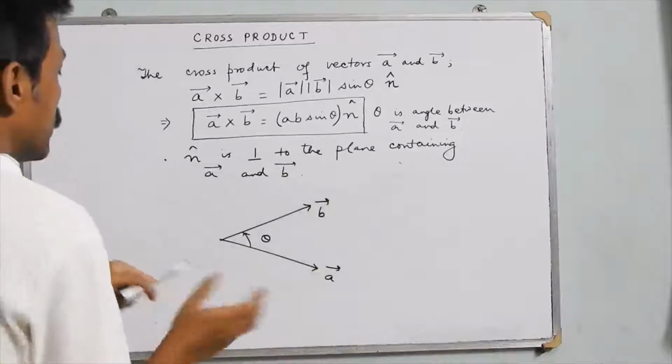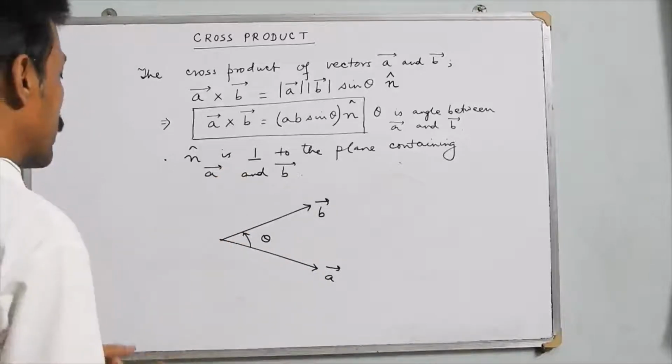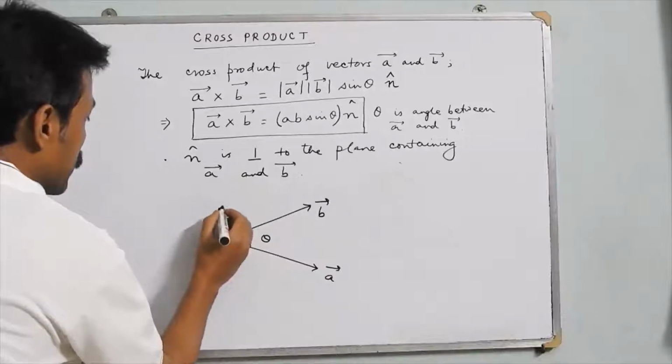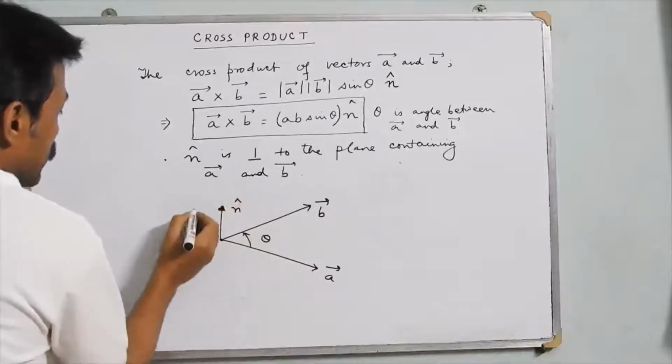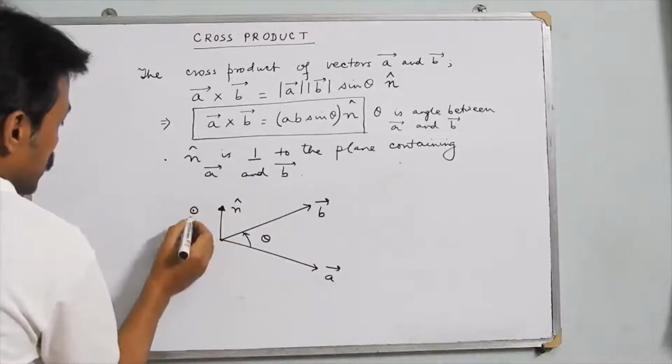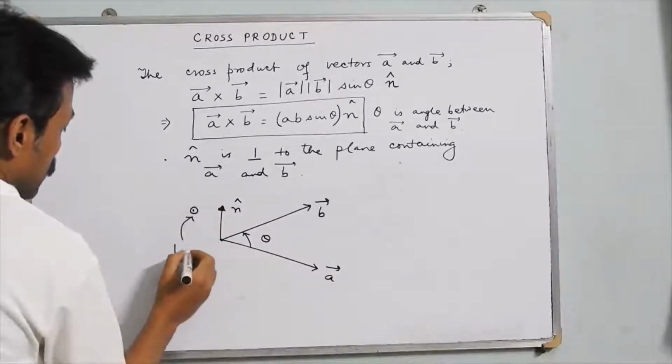So in this sense, A cross B, n hat is perpendicular out. So this will be represented as n hat, and the symbol that we use is a dot with a circle. This represents perpendicular out.